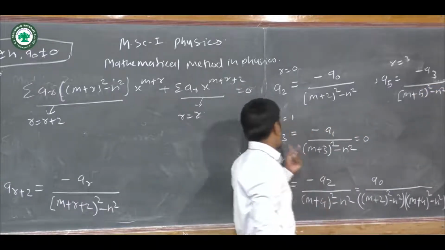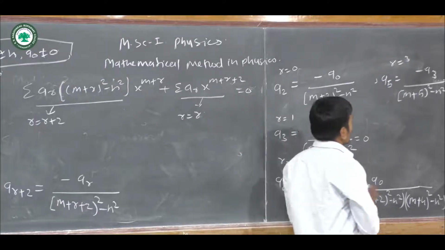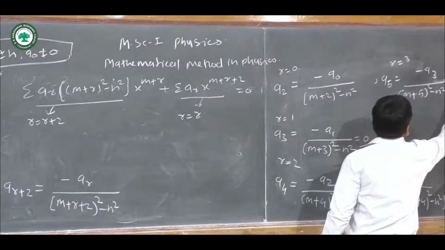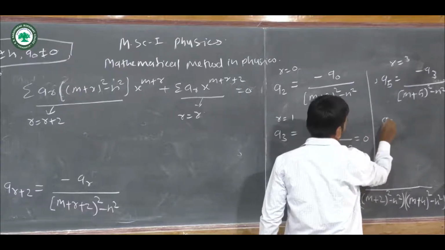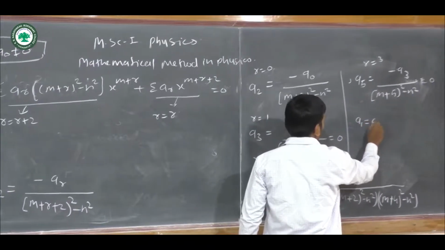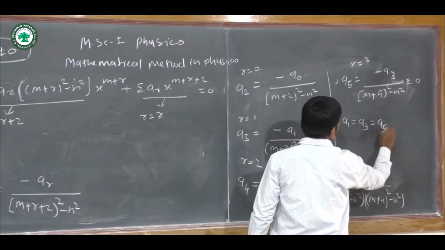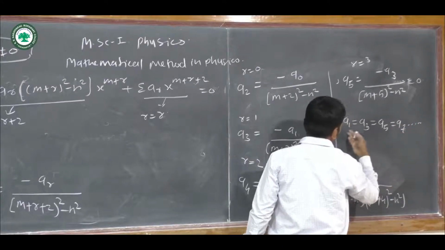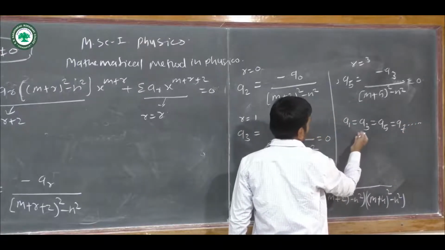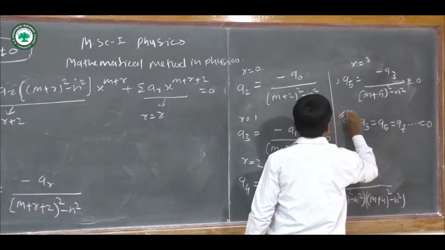But here a3 is already equal to 0, so this a5 is also 0. So we can write a1, a3, a5, a7, these are all odd arbitrary constants, equal to 0.